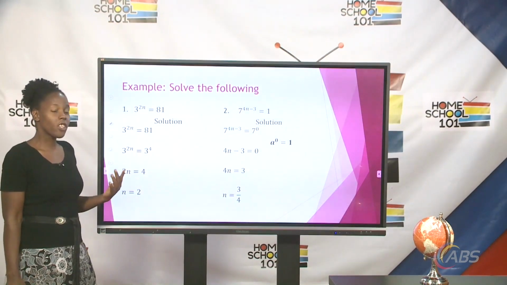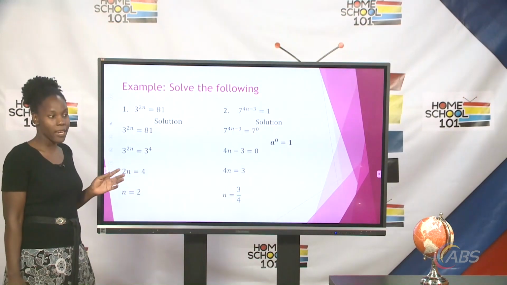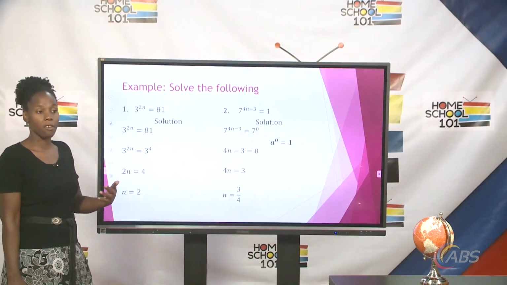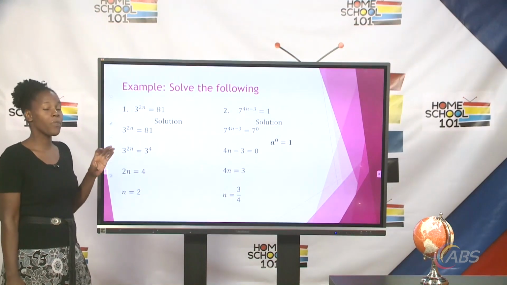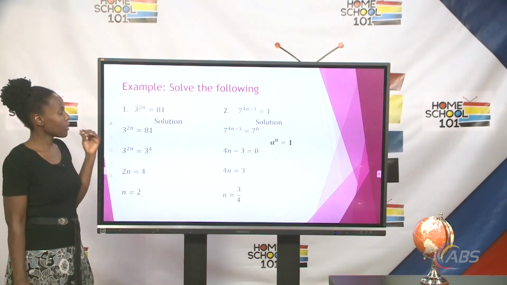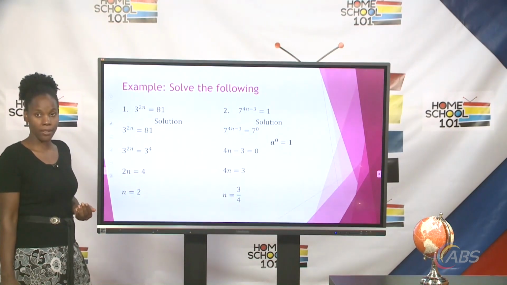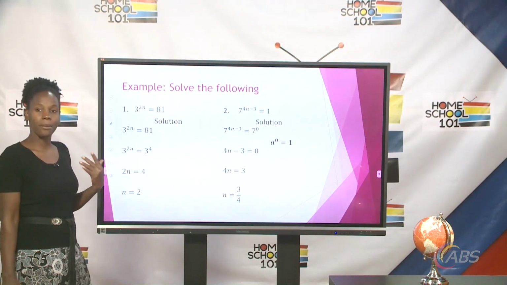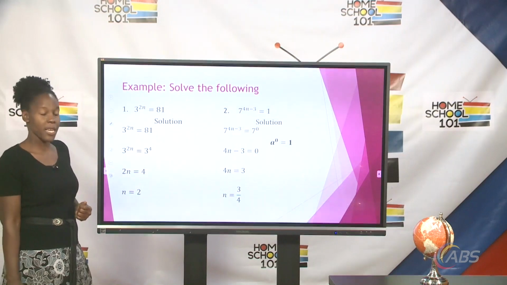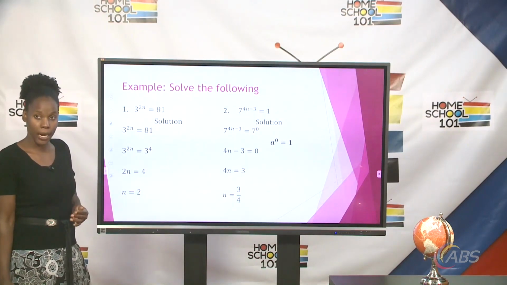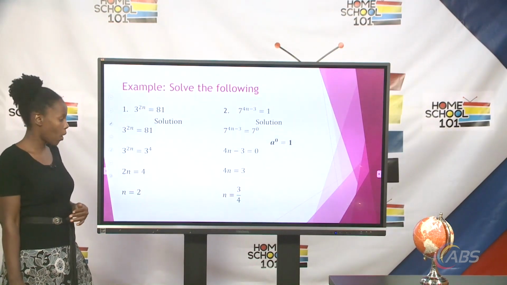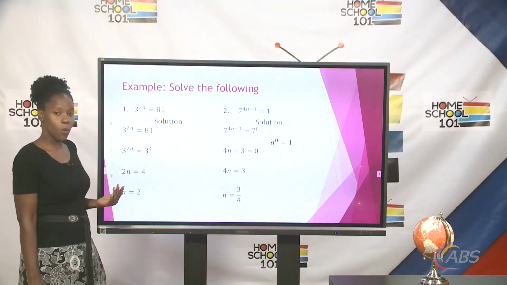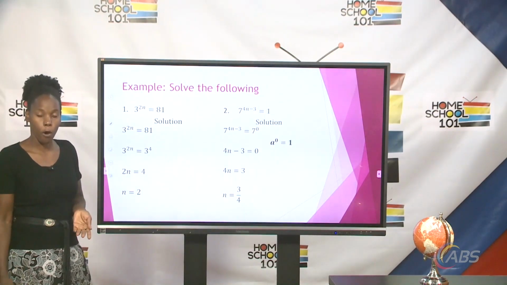Essentially, to find what that number is, if you don't know it, you can multiply 3 by itself and count the number of times you need to multiply 3 to get 81. If we multiply 3 times 3 times 3 times 3, we see that we need to multiply 3 four times to get 81. So I can rewrite 81 as 3 to the power 4.